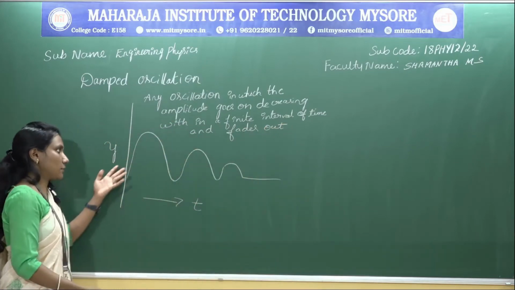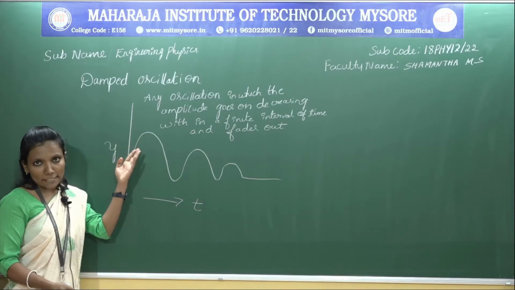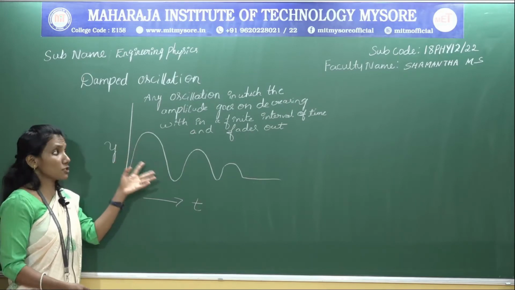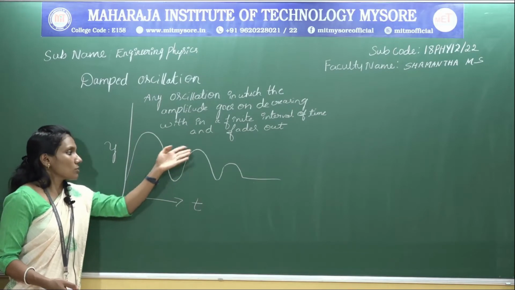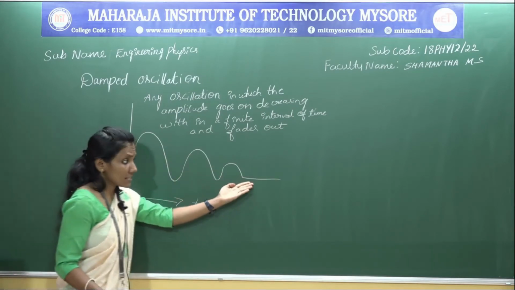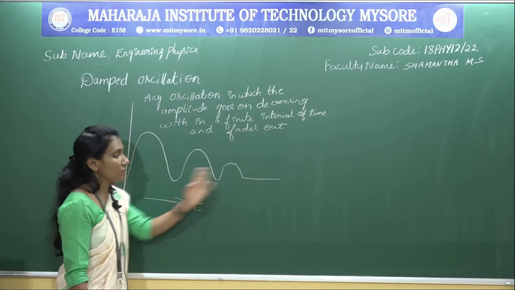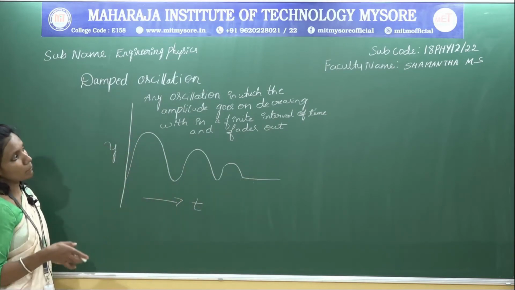The amplitude is maximum initially, then when the resistive force acts on a body, it starts to decrease and at last completely terminates, it fades out. So that is nothing but damped oscillation.